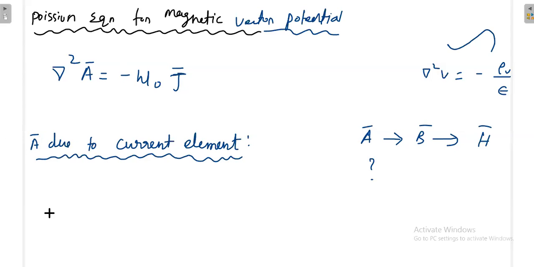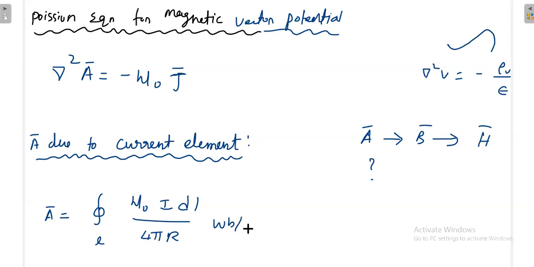Okay, so the A bar is equal to the closed line integral of mu naught I dL divided by 4 pi R. Again, you know the unit of A bar is Weber per meter. This formula is something new, but with the help of the old formula that is present in electric field, you can remember this.